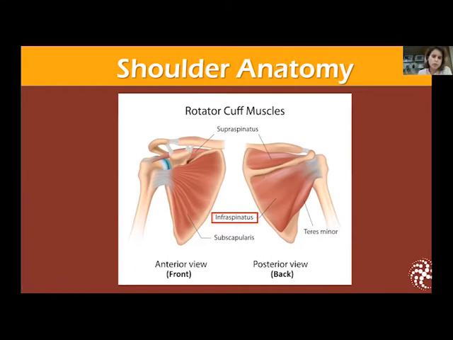The supraspinatus helps lift the arm up overhead, kind of like this. Then there's the subscapularis, which sits on the front of the shoulder blade and rotates your arm in, so an internal rotator. And then the teres minor, which is a smaller muscle that is also an external rotator in a different position, when your arm is at 90 degrees away from your body. So that's a rough anatomy of the shoulder.